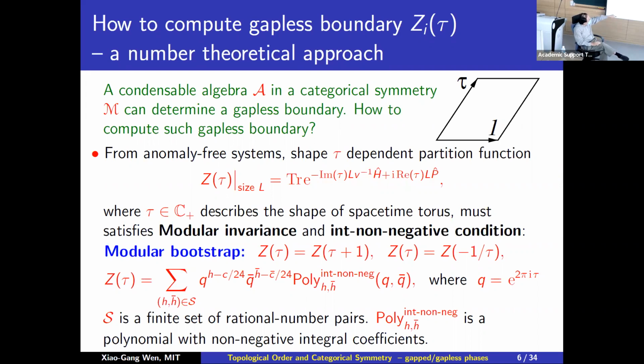Therefore, this partition function is a polynomial of Q and Q bar with integer coefficients. To be more precise, non-negative integer coefficients. There is a little bit of an overall shift of the ground state energy, the scaling dimension, central charge. Let's not worry about that. But the main part is a polynomial with non-negative integer coefficients.